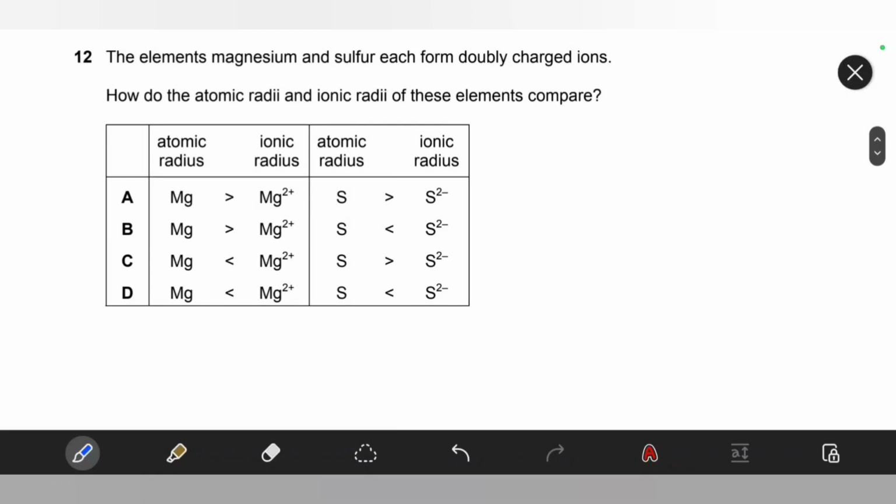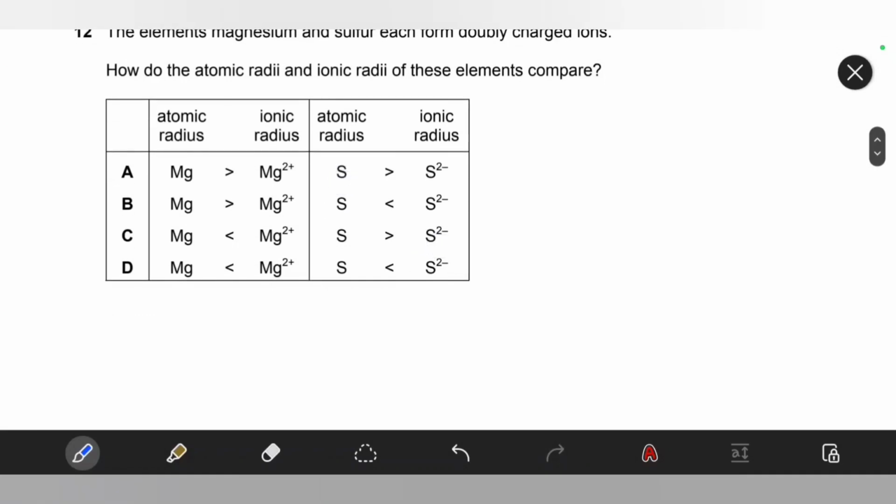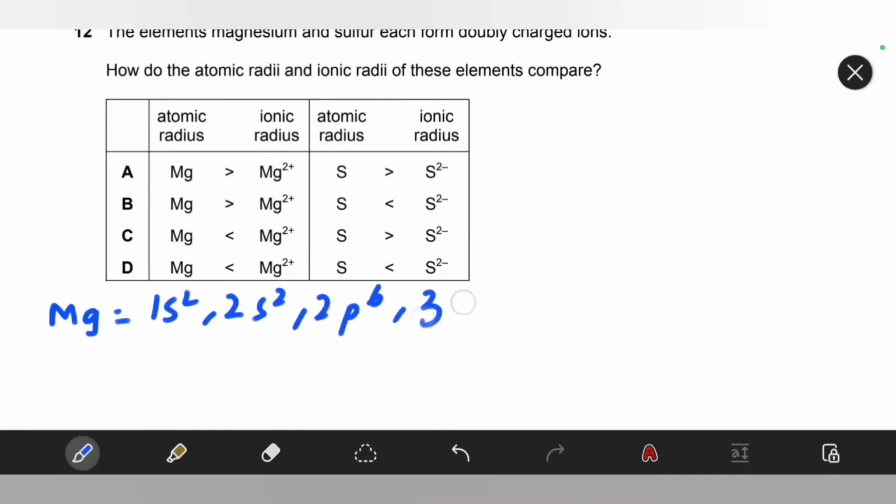Okay, the elements magnesium and sulfur each form doubly charged ions. How do the atomic radii and ionic radii of these elements compare? In order to do this without making a mistake, just write down the electronic configuration of magnesium, which is 1s2, 2s2, 2p6, 3s2.